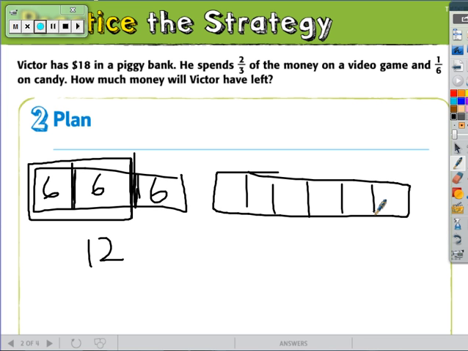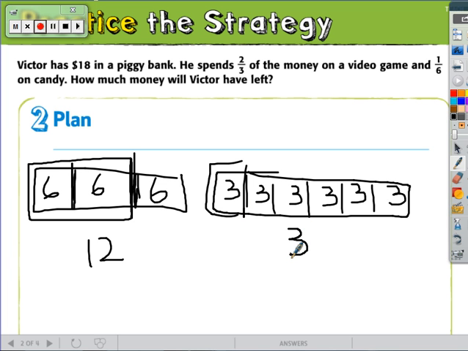No, so what's my whole piece? What is the whole that we are dealing with? 18. So now I have 6 pieces to separate my 18 into. What am I going to make it? 3 in each place, right? And how many of these pieces am I going to use for my problem? 1 piece.